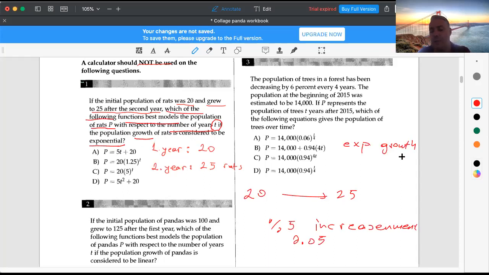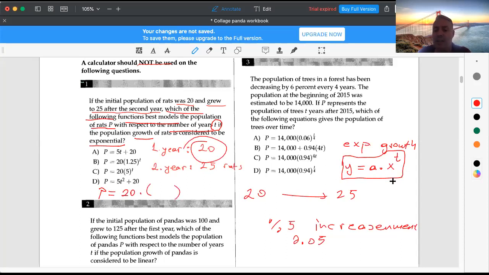So what is the formula? We should just keep in our mind, y is equal to a times x to the power of t. Okay, so this is the exponential growth. In this case, y means P in my question, and a is the initial value. So at the beginning, the initial value is 20 times x.